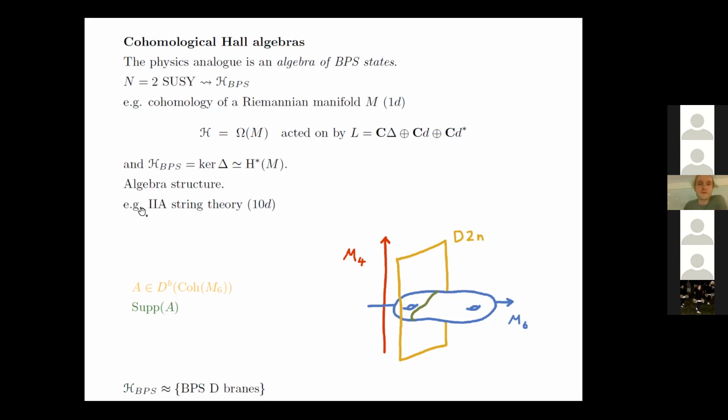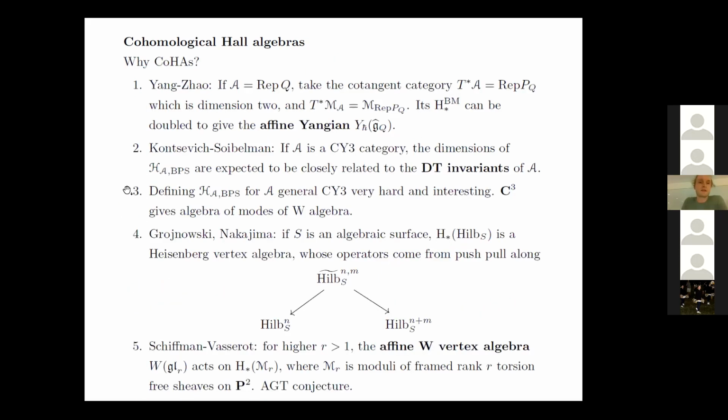I'll very briefly motivate the definition of vertex algebra. Oh no, firstly I'm going to talk about why one might care about cohomological Hall algebras. A very important example of a dimension 2 abelian category is the preprojective algebra of a quiver.